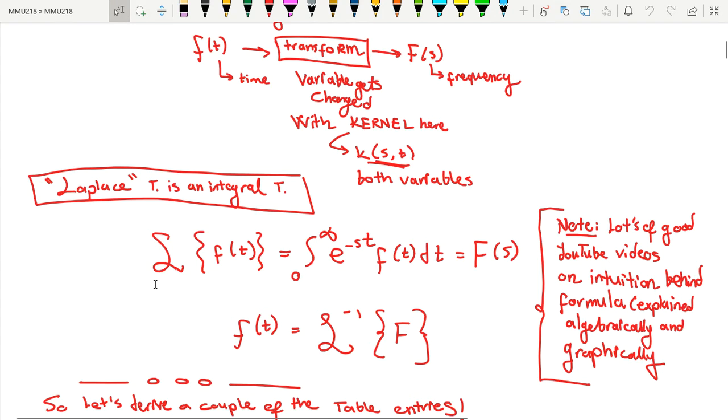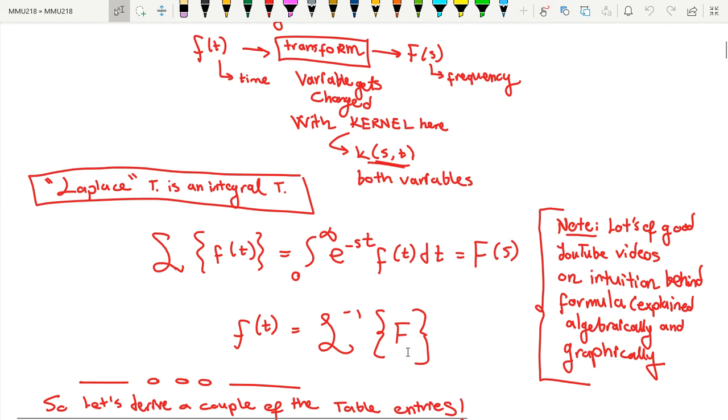So Laplace transform is an integral transformation, and when you take the Laplace transform of a function, it means that you go from 0 to infinity, you multiply your function f of t with some other function which represents the kernel here, e to the minus st, and spits out another function, capital F, in terms of s.